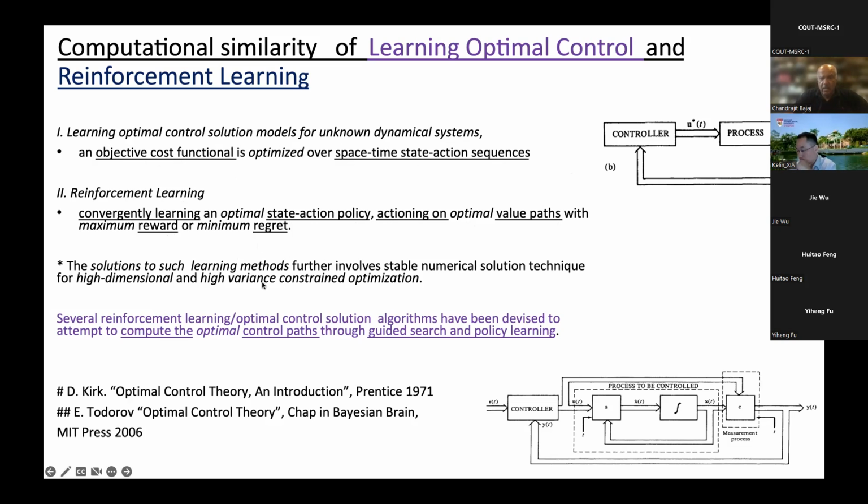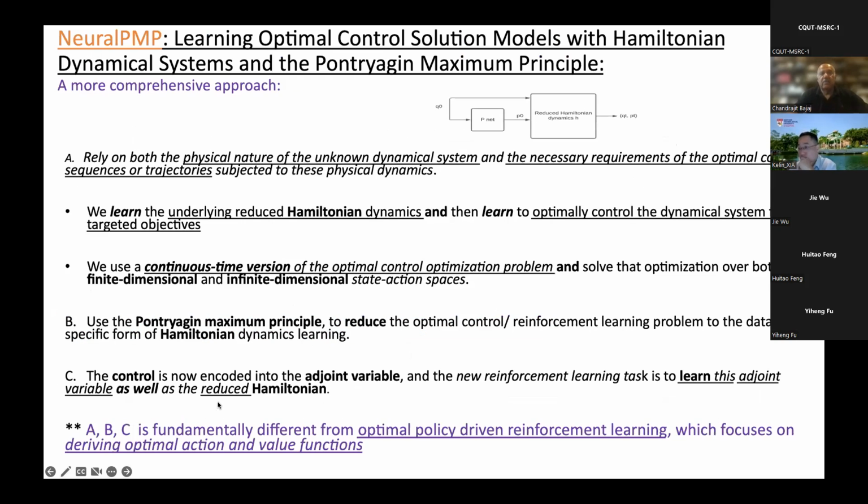And of course, you need stable numerical solution techniques because these are very high dimensional and high variance constrained optimization problems. And of course, several people have shown this connection and have applied optimal control theory to guided search in reinforcement learning. I'd recommend these two references as you want to go deeper.